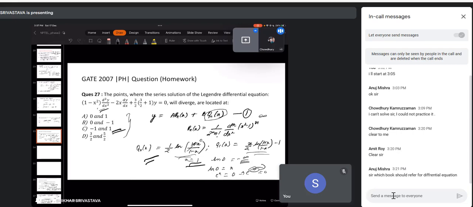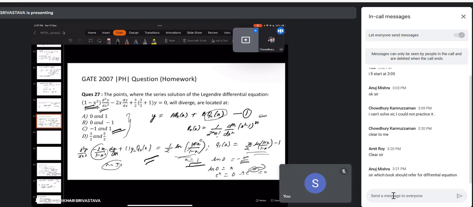You just reduce this to the form d2y by dx square minus 2x over 1 minus x square dy by dx plus some term, and you just see that x equal to plus minus 1 are the singular points of this differential equation, so the solution will diverge. For Legendre equations this is general: at x equal to plus minus 1 the solution will diverge. So no need to remember these complex things.